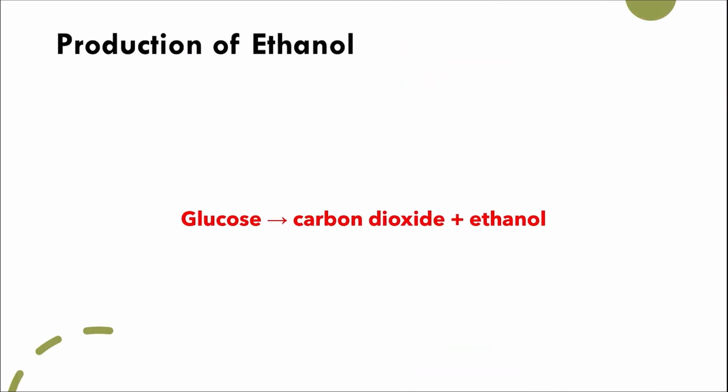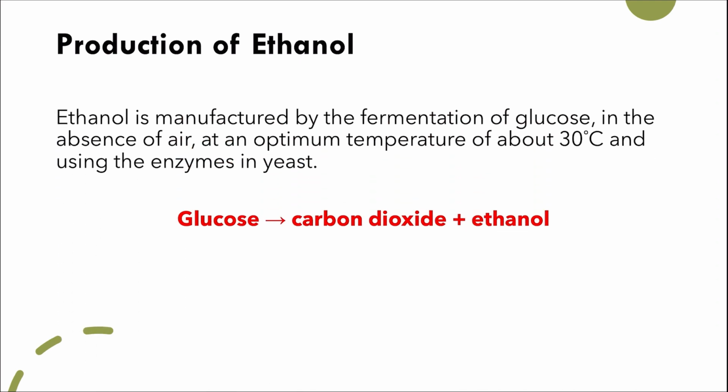Production of ethanol. Ethanol is manufactured by the fermentation of glucose using yeast and using the enzyme within the yeast. The glucose can be fermented to give you carbon dioxide and ethanol. The optimum temperature for this reaction is about 30 degrees.